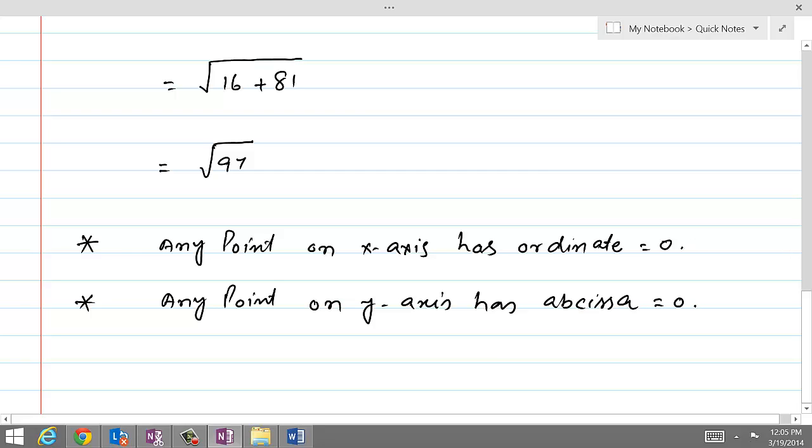Sometimes questions could be tricky and you will need to guess what is the abscissa and what is the ordinate for points on the x-axis and y-axis.